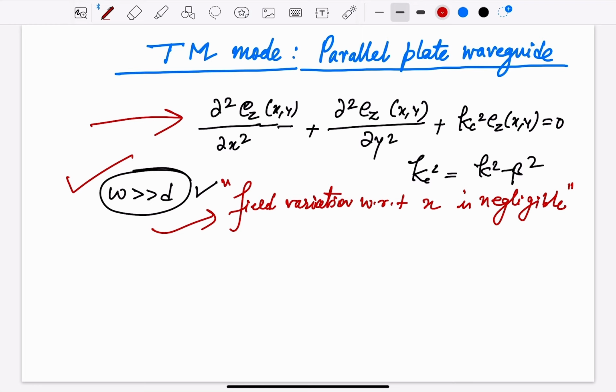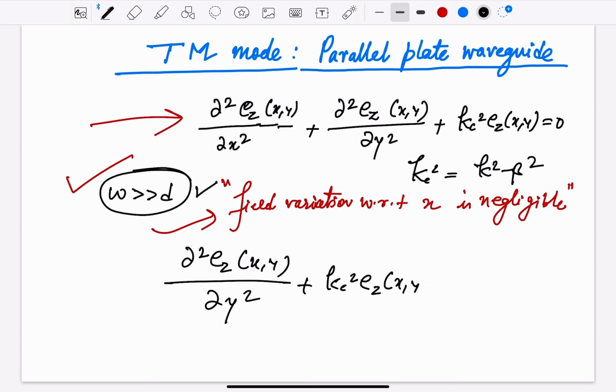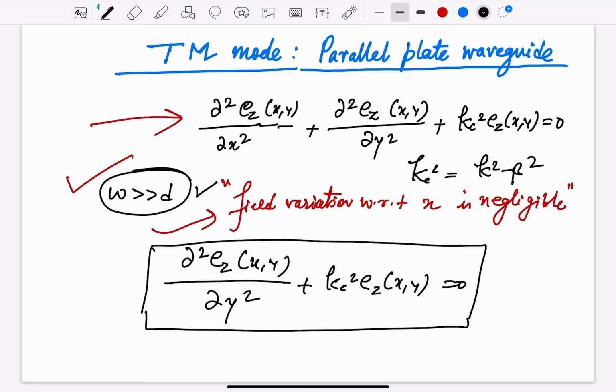With this assumption one can easily rewrite this equation as ∂²Ez(x,y)/∂y² plus kc² Ez(x,y) equals 0. Right now we have this equation where we are recording the change in variation in the y direction.